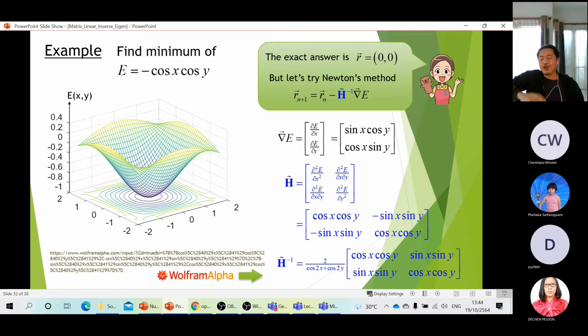But the inverse is hopeless. You cannot begin to imagine doing an inverse of a 1,000 by 1,000 matrix by hand. That's not possible. So in this case, I use Wolfram Alpha to do the job for me, and I got that result. So thank you, Wolfram Alpha, for this nice free software for education for all mankind.